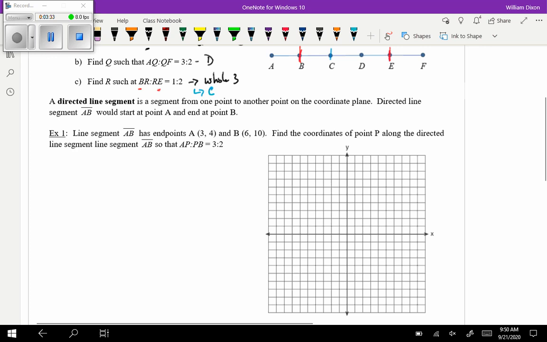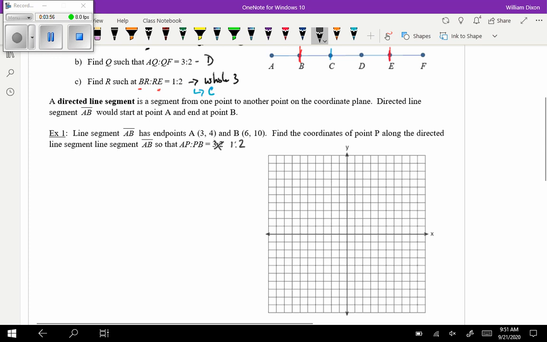Find the coordinates of P along the directed line segment AB so that AP to PB is, and I'm going to change this, 1 to 2.